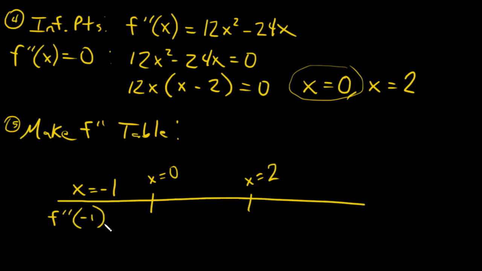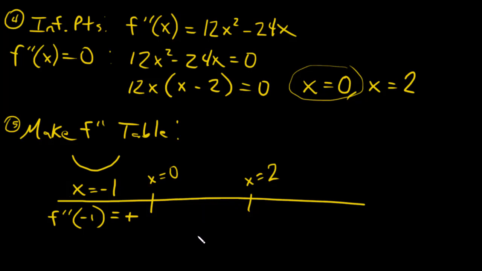So f double prime of negative 1 equals, well, what would we have? This is going to be squared, so it's positive. 12 times positive 1 is 12. And then negative 1 times negative 24 is positive, so positive and a positive, it is positive. So this one is going to be concave up. Okay?